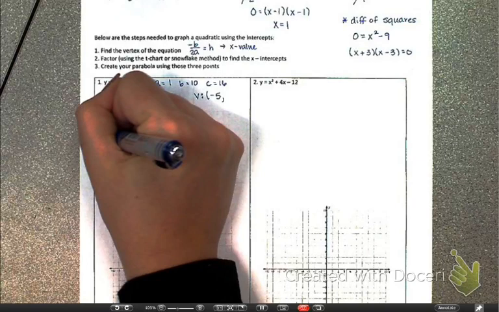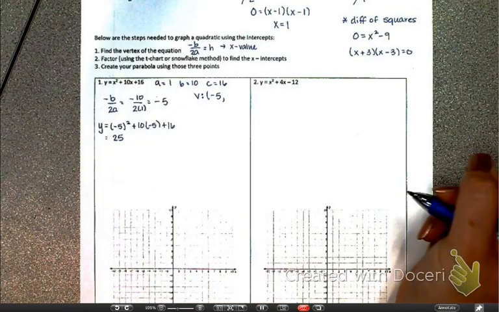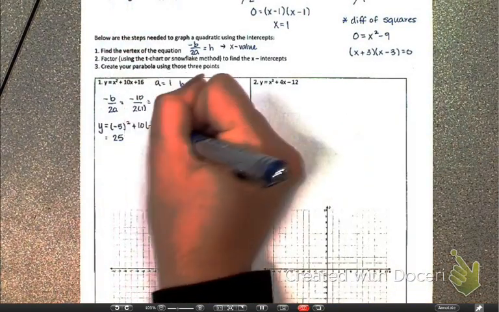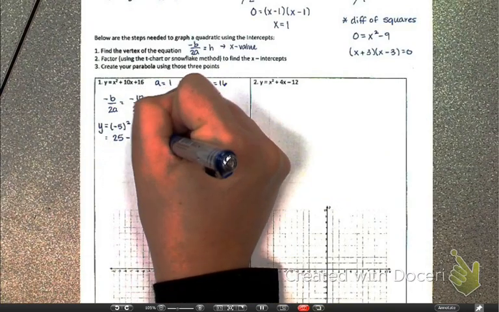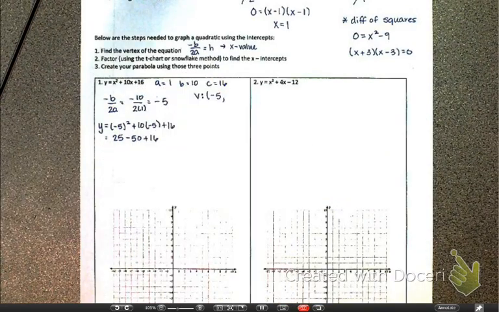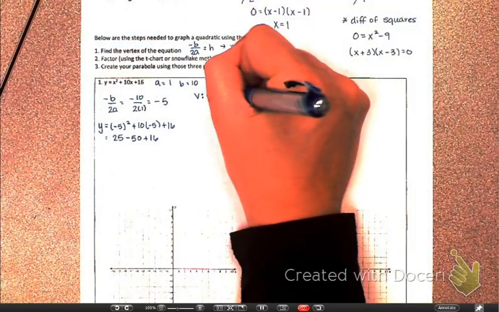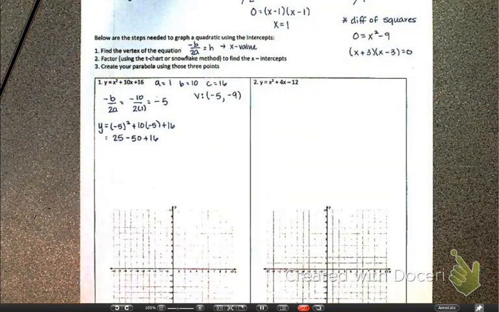Negative 5 squared is 25. 10 times negative 5 is negative 50 plus 16. So 25 minus 50 is negative 25. Negative 25 plus 16. Negative 9. Everyone agree with that? Okay, so my vertex is at negative 5, negative 9.